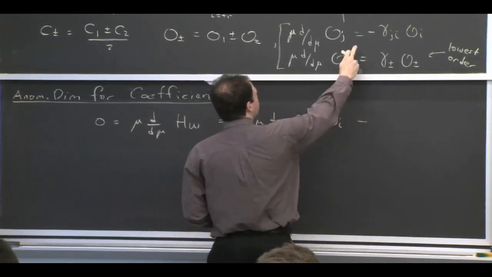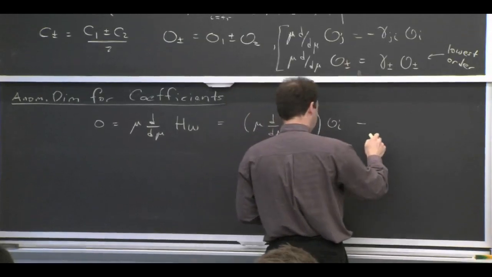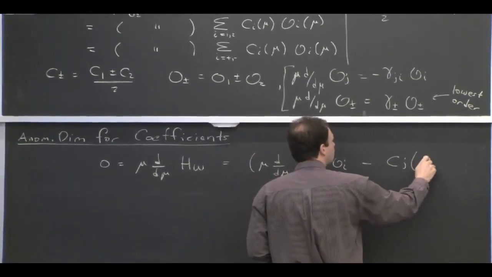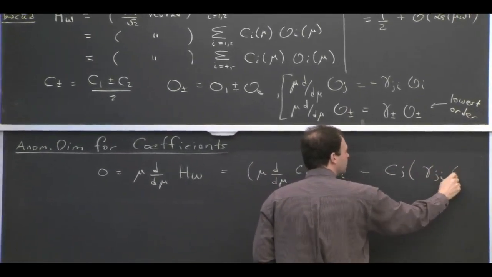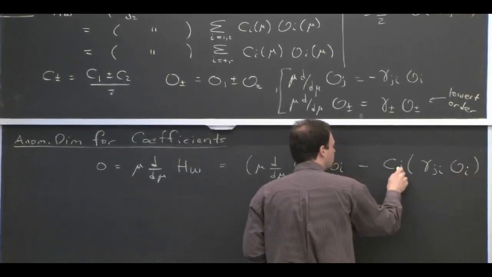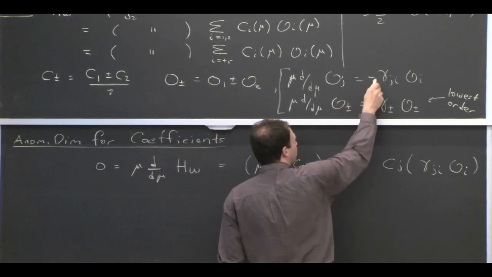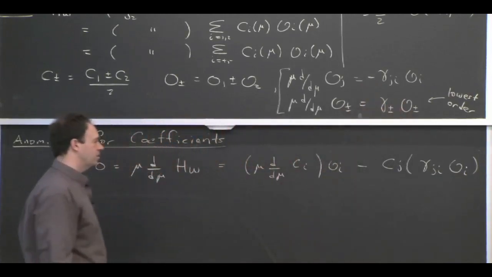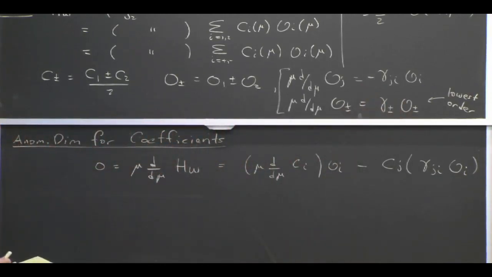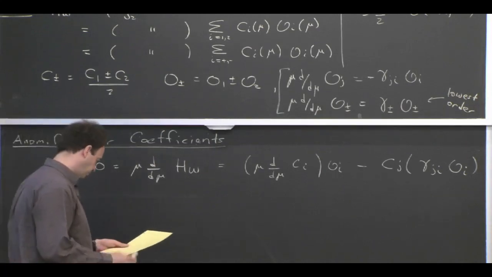So if I use my equation up here for the anomalous dimension of the operator, I get, with my sign convention, a minus sign here. If I had a minus sign here, I had no minus sign here. These things are conventions. I pick some convention, and I'll stick with it.